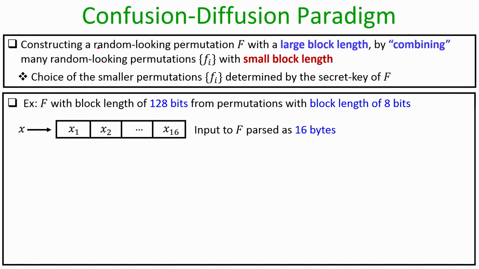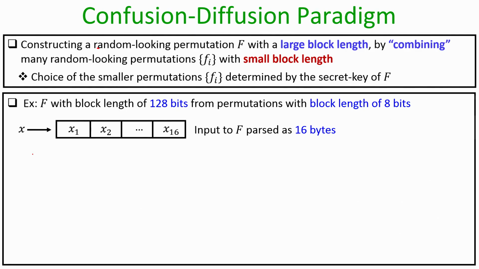For demonstration purposes, we will assume that we have several random permutations mapping 8 bit strings to 8 bit strings, and using them our goal is to construct a keyed permutation big F of block length 128 bits. The way we are going to design the function big F is as follows.